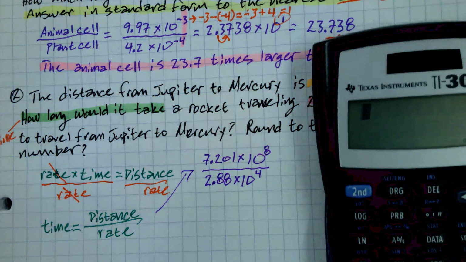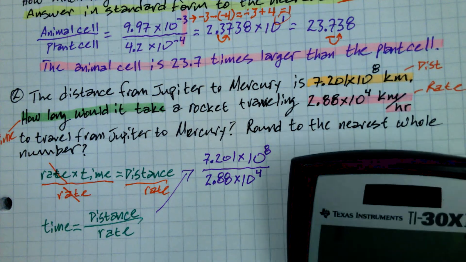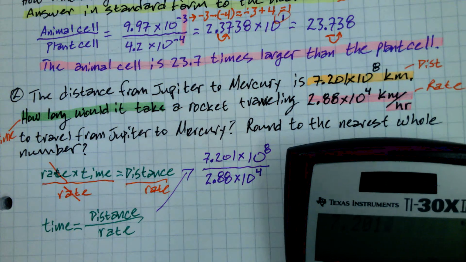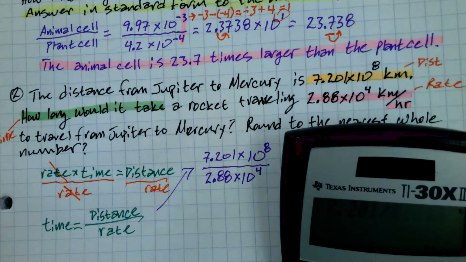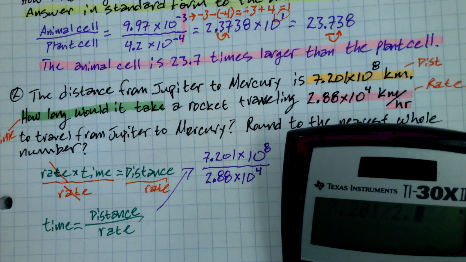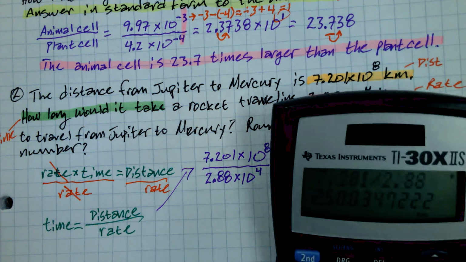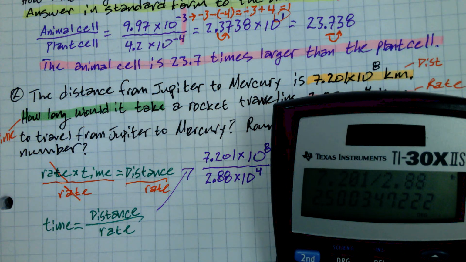Okay, so we're going to divide 7.201 divided by 2.88, and I get some pretty big number. Okay, and so I'm going to do the same thing. Give it about 4 digits and then cut it off. So 1, 2, 3, 4. So I'm going to cut it off after the 3.